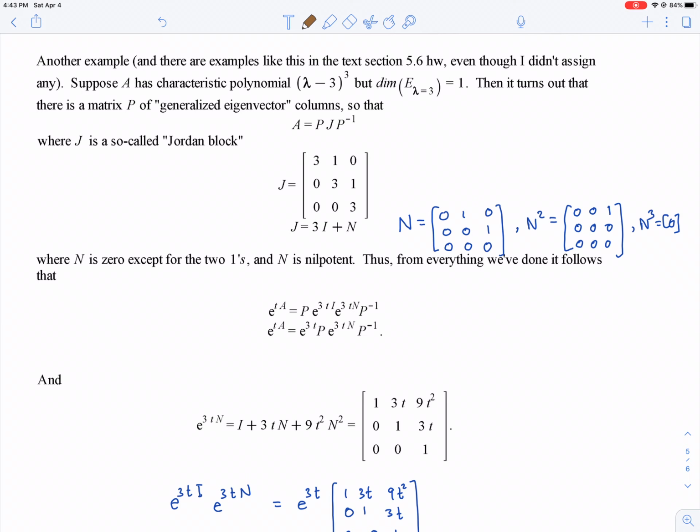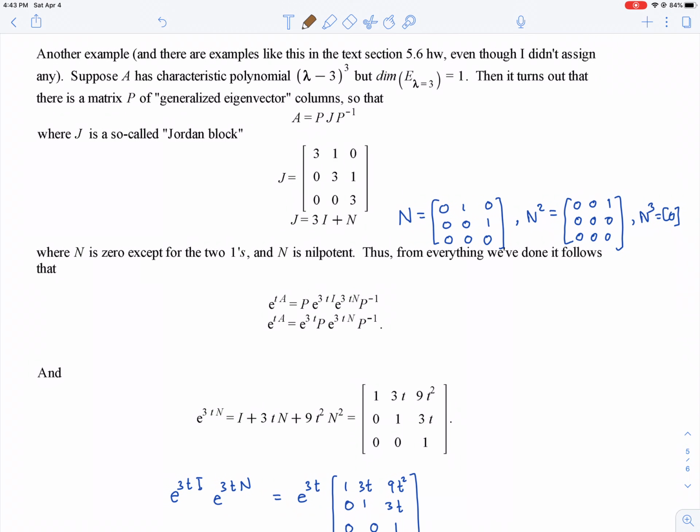So if you want to understand the big picture, I would recommend trying to learn about Jordan canonical form. And here's an example to just give you a flavor for how things go using the Jordan canonical form. So suppose we had a 3 by 3 matrix, but its characteristic polynomial was lambda minus 3 cubed, and the eigenspace was only one-dimensional instead of being three-dimensional.